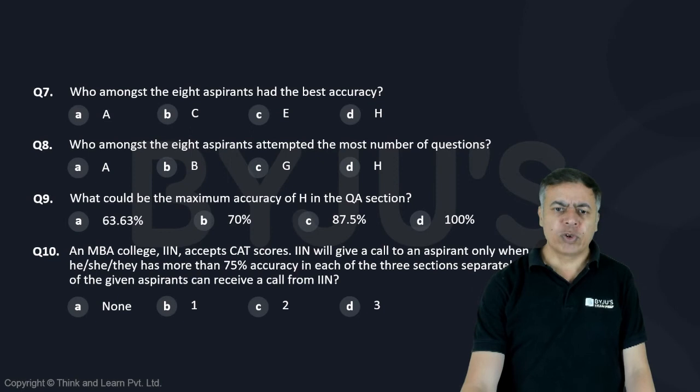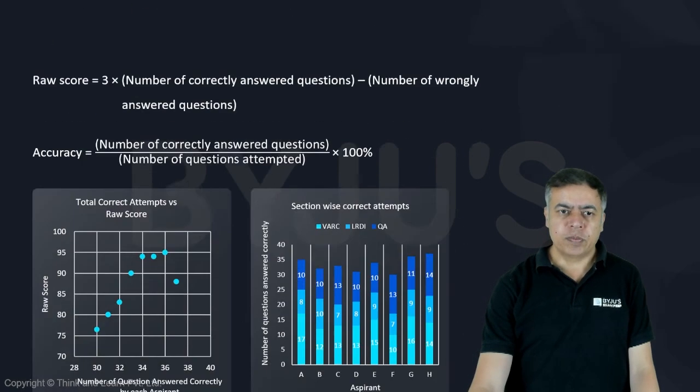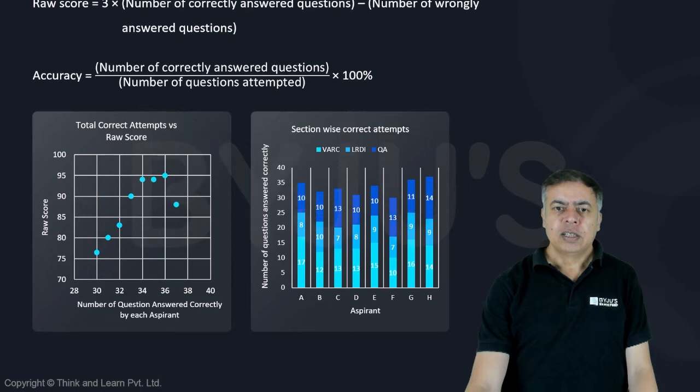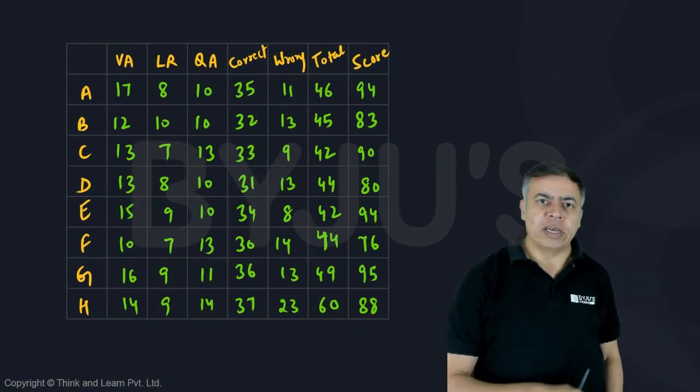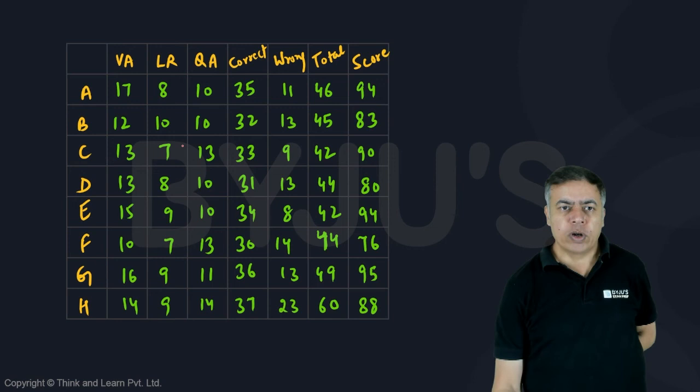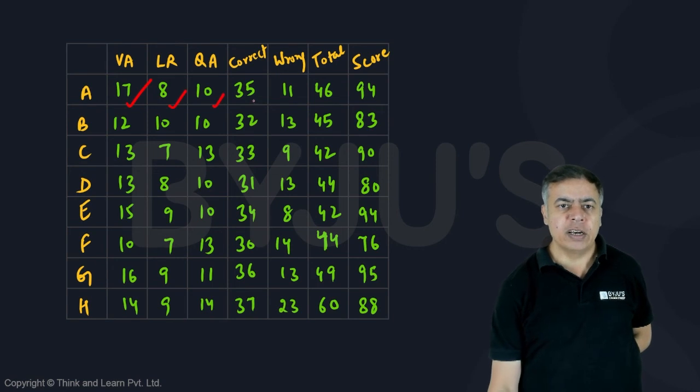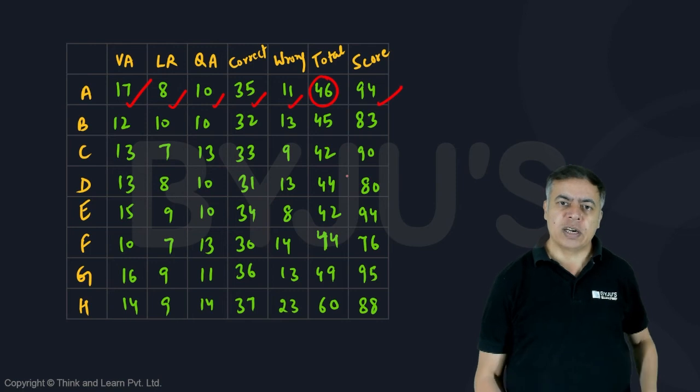Before that, we have 4 questions on this, right? For this data, what I was referring to, I have already made this table. For first, I was telling you that it is 17, 8, 10, 35, so 11 wrong. Total attempt 46 and score was 94.